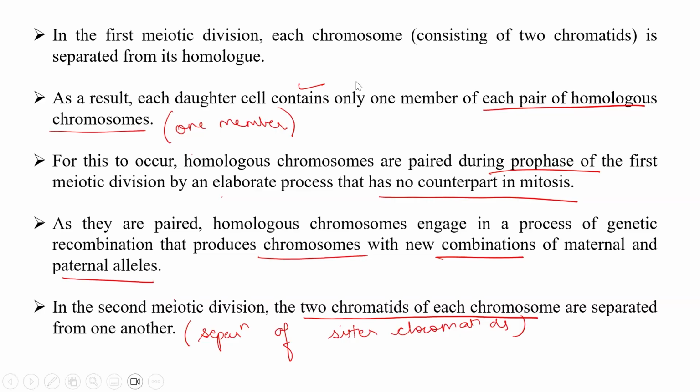The thing which we need to remember is that meiosis 1 involves the separation of homologous chromosomes, which has no counterpart in mitosis. So there is no separation of homologous chromosomes in mitosis, but in meiosis there is, and it is followed by meiosis 2, which is similar to mitosis, where there is a separation of sister chromatids. And the separation of these sister chromatids will result in the production of 4 haploid cells.